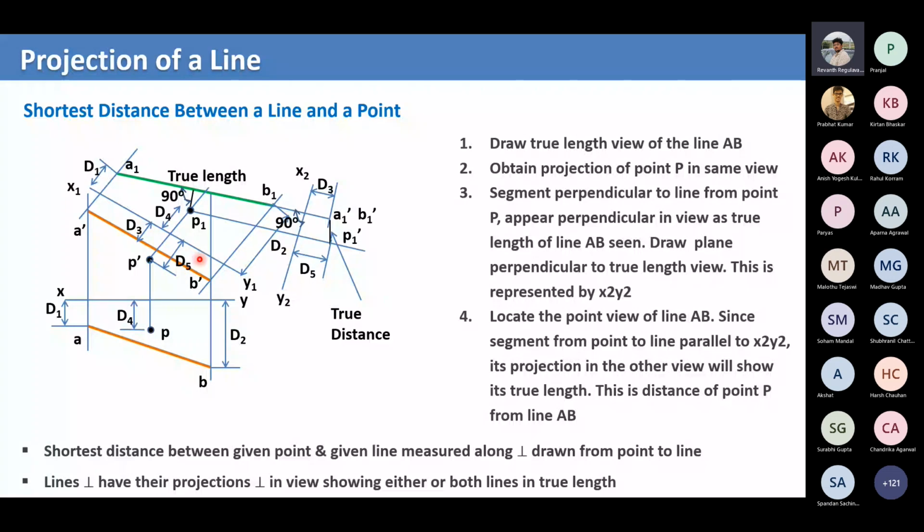We take D3, D5 to obtain these points A1 dash, B1 dash, and then we take the shortest distance. So you have to proceed in this fashion. If you want another auxiliary projection, say somewhere here, then you have to measure this A1, B1 from this auxiliary plane, and then use those dimensions to get another auxiliary projection. That is how you have to do it.